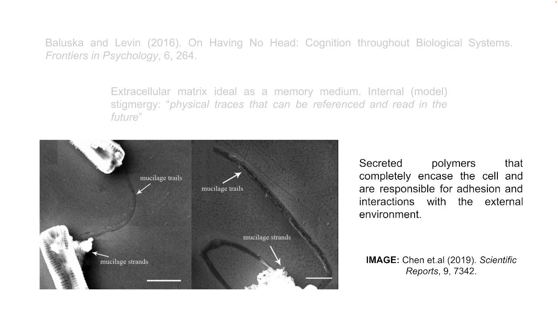So the cells, when you looked at those movies of the motion, they appeared to be sticky, so they didn't fly apart when they extended themselves out, but they also didn't move smoothly. There was some noise, and that noise was because you have these mucilage strands and trails in between the cells, but they're also laid out in the environment so that the other cells know where to go. They have a signal in the environment. They're responsible for a number of interactions with the external environment.